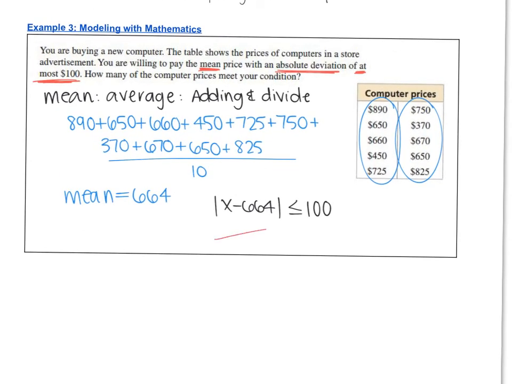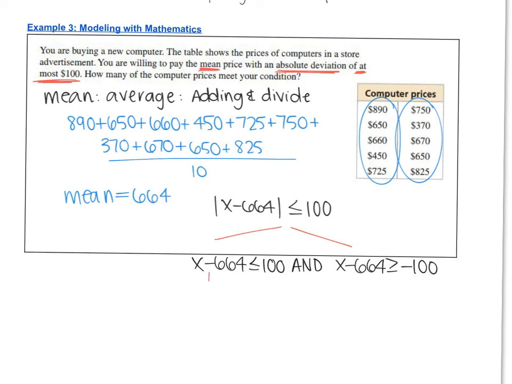We can solve it by making two new inequalities. x minus 664 is less than or equal to 100. Because it's less than or equal to, I put an and in the middle. On the other side, x minus 664 is greater than or equal to negative 100. Don't forget to flip the inequality and switch the sign.